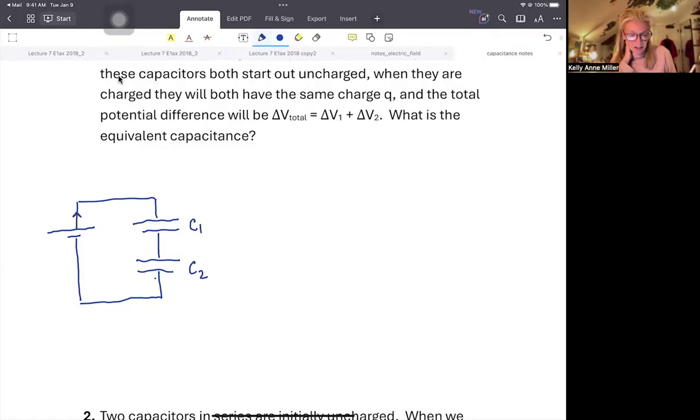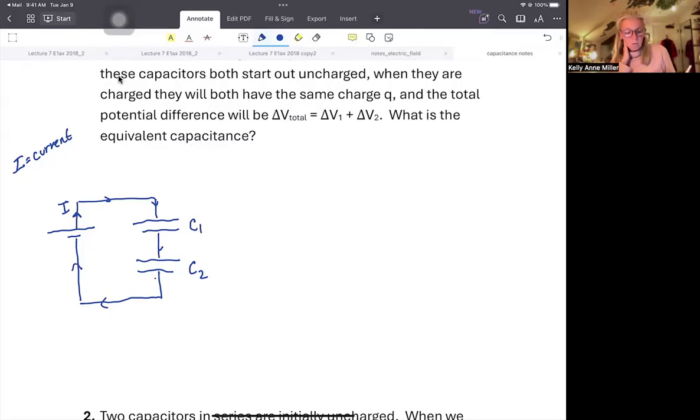How series is different from parallel, and again, we're going to talk much more about this next week, is that you have current. The symbol for current is capital I. Current is just the flow of charge. So you have current flowing to the capacitor and then going back to the battery.